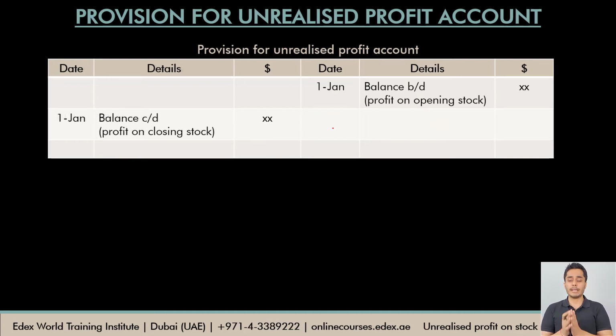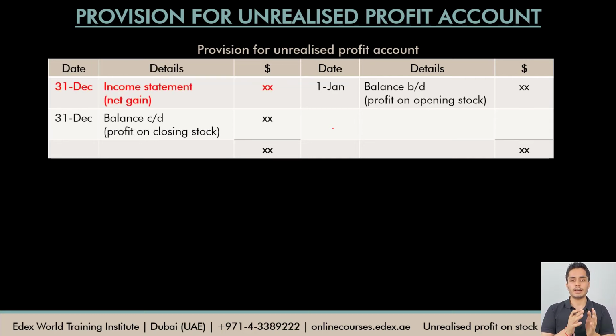But if the credit side is greater than the debit side, it means the profit on opening inventory is greater than the profit on closing inventory. I told you that the difference in that profit will have to be added as an income. So that difference will be shown on the debit side, again as income statement, but as a gain for the year or other income for the year. So I hope the preparation of this account is simple. Only 3 entries: opening balance, closing balance, and the difference will go as income statement.